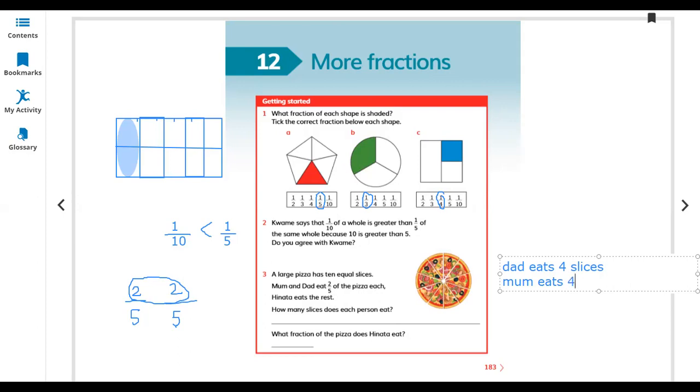Mom eats 4 as Dad, and 4 plus 4 is 8. There are 10 slices in total, so out of 10, 8 are eaten by Mom and Dad, so the remaining Hinata eats 2 slices, the rest, or 2 slices.